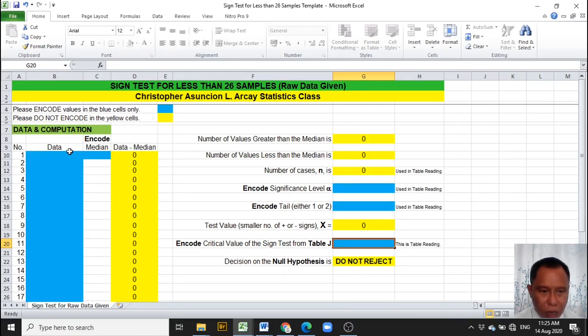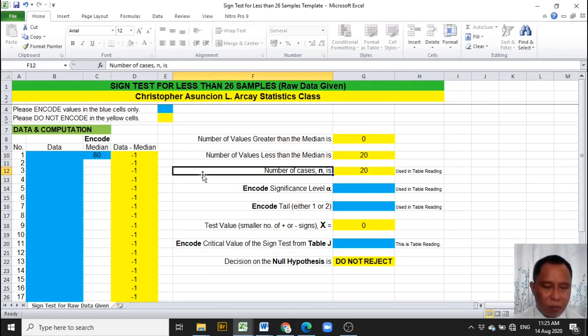Column B, particularly starting from row 10, are colored blue. We will be encoding the data under column B. There is also a colored cell under column C, which is the median. In this case, we are going to encode 80 as the given median.